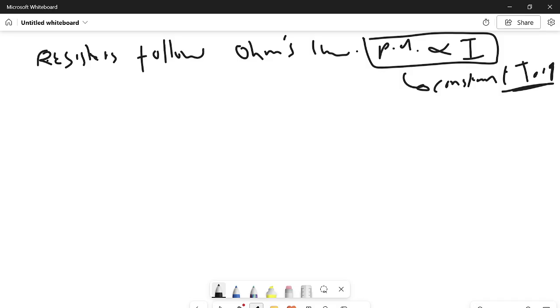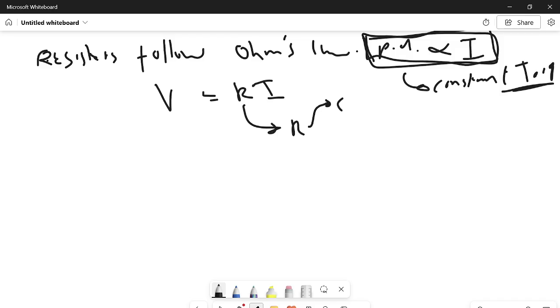So resistors always follow Ohm's law. And because we know that, and we know this is what it starts off with, then we know V equals kI. K is actually resistance. And that shows that resistors always have a constant resistance. So yeah, we got Ohm's law. We can write Ohm's law like V equals IR.